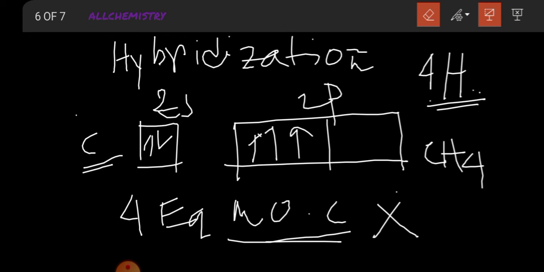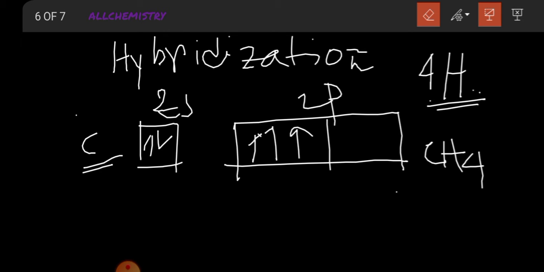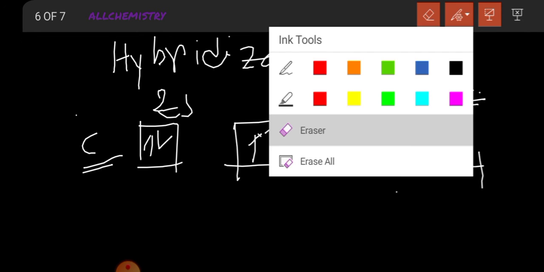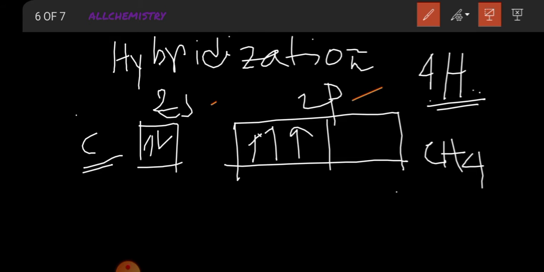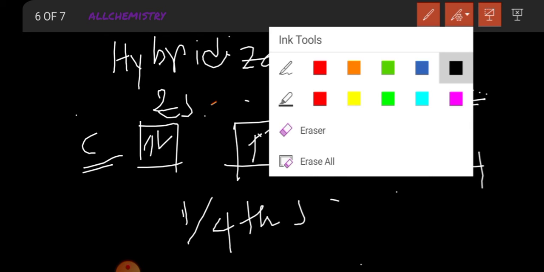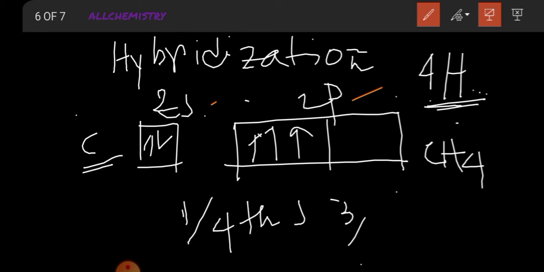So what we will do, we will take that s and p. For 4 hydrogens, we will take 1 s orbital, meaning 1/4 of s orbital, and we will take 3 p orbitals, meaning 3/4 of p orbital.